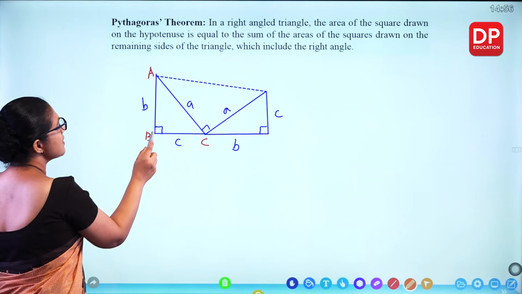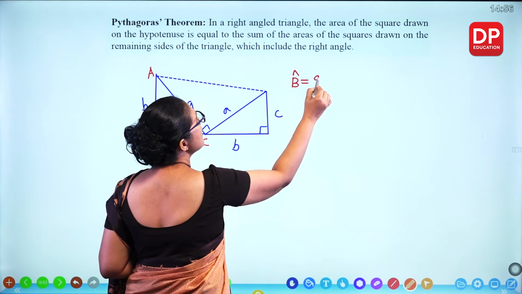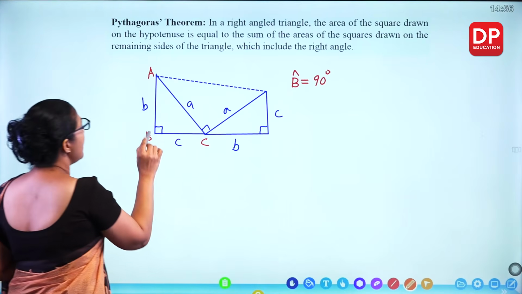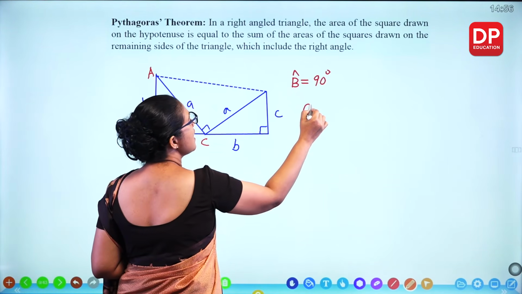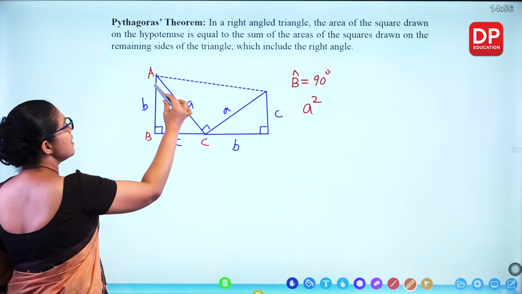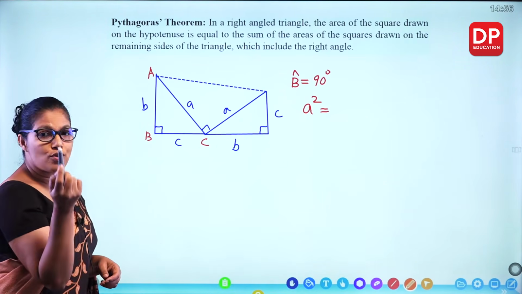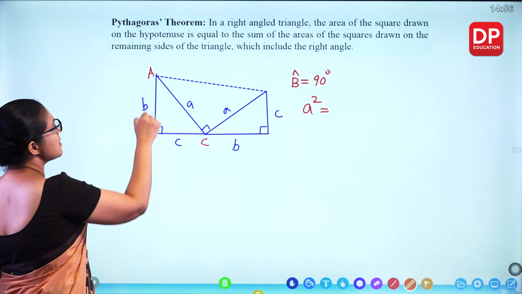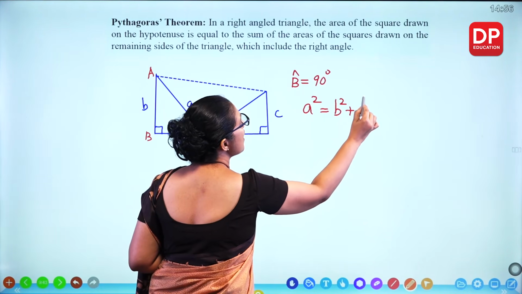According to the Pythagoras theorem, this angle B is 90 and this is the hypotenuse. So he mentioned A squared, which means area, A into A, is equal to B squared plus C squared.